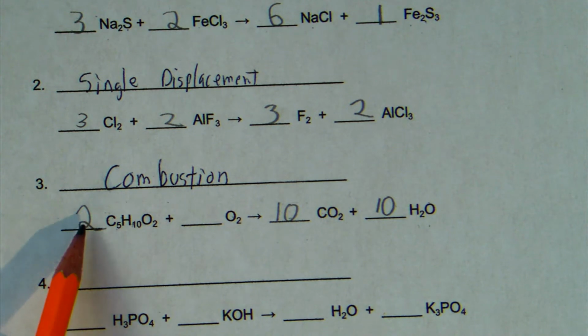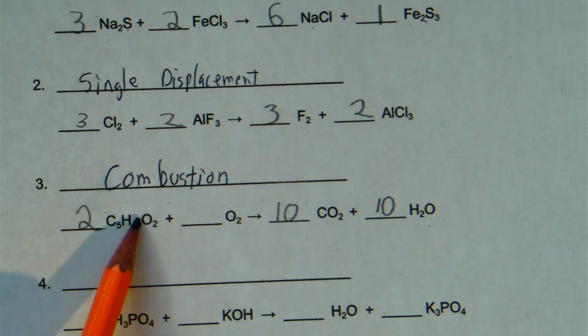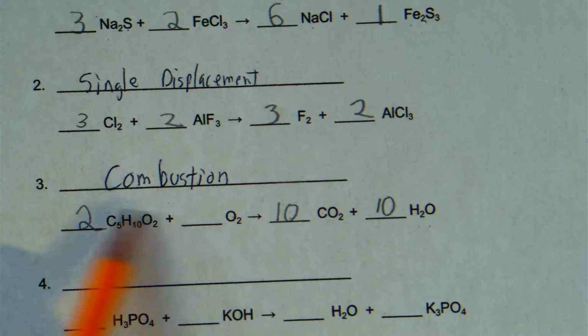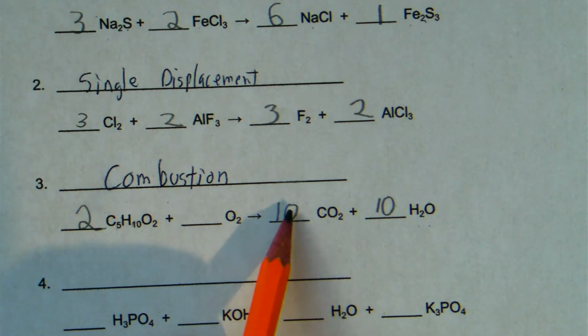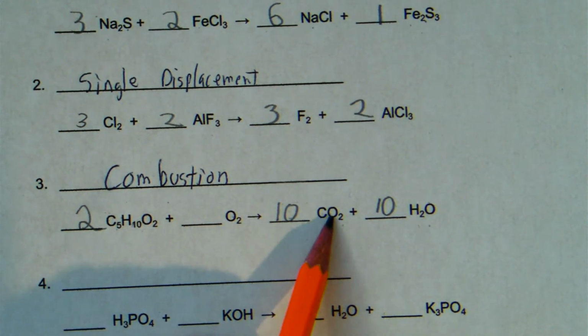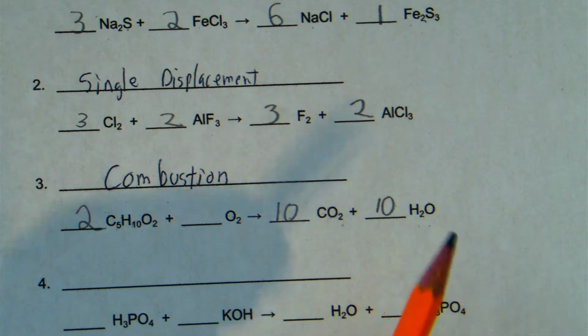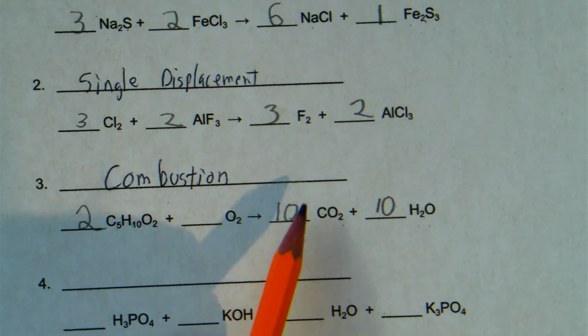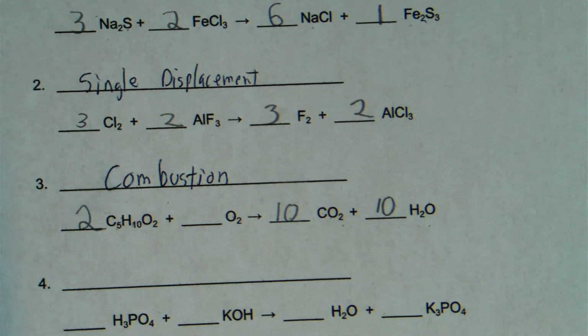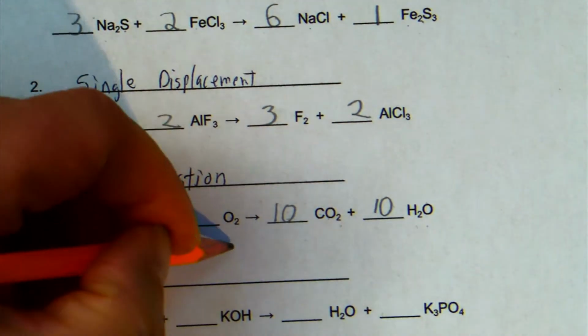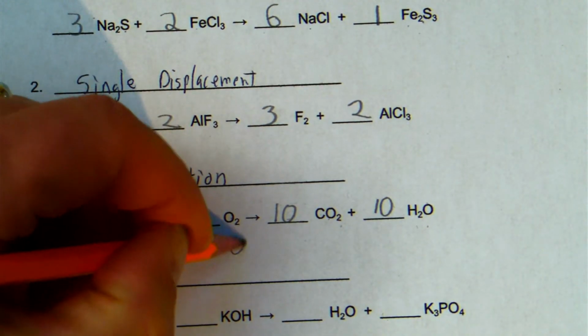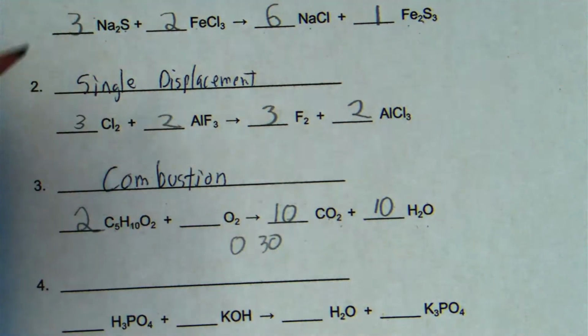Now I have 2 times 2 is 4, plus 2 is 6 oxygens on the left. Here I have 10 times 2 is 20, plus 10 times 1 is an additional 10. So 20 plus 10 is 30 oxygens on the right. So under my rap sheet for the oxygens, I have 30 on the right.